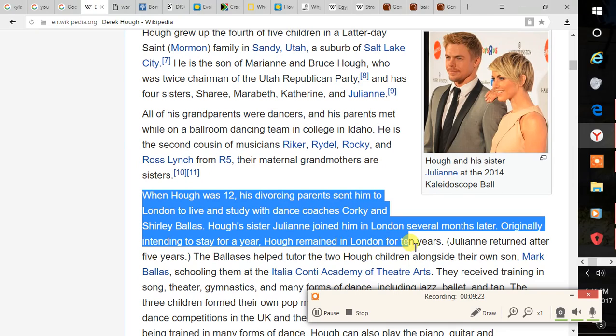Hough remained in London for 10 years. So I'm just showing you how these people play around with you with fake biostats and everything else. So they're saying that she was supposed to be in London for a year and ended up staying for 10 years. Why is that? Because they wanted to take the time out to make it molded. All right?